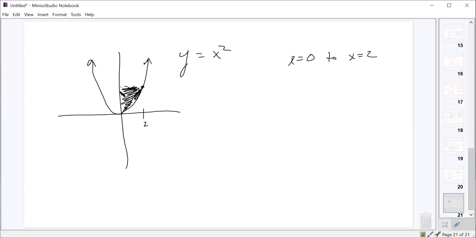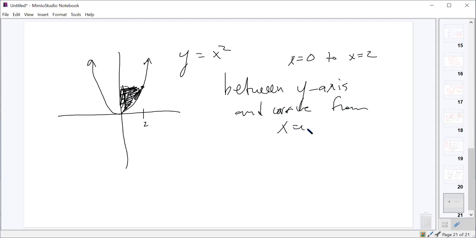So the area between the y-axis and the curve, from x equals 0 to x equals 2. This can be done in terms of y. We just need to rewrite y equals x squared as x equals root y.